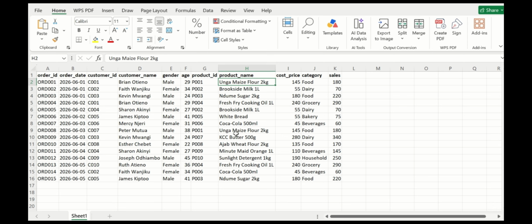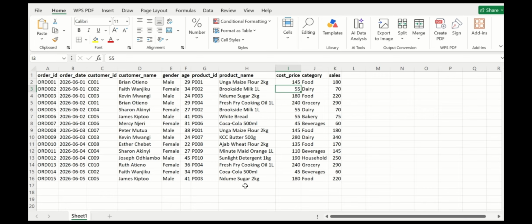And another problem is, for example, this product here. Currently the cost price is 55.